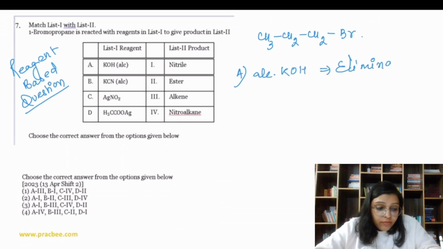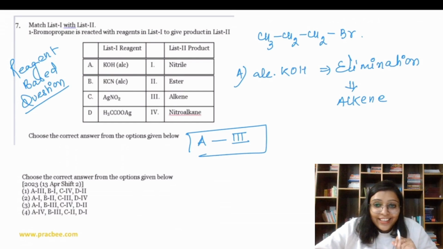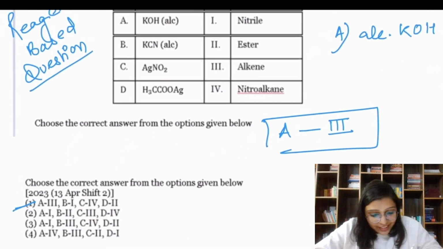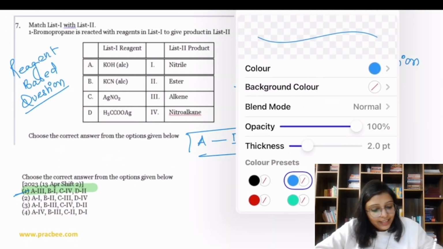So if I do elimination, the product is going to be an alkene. Okay beta, so A can be matched with third. Now just look at the options. We have only one option, so this is going to be the answer. But yes, let's understand the next part.